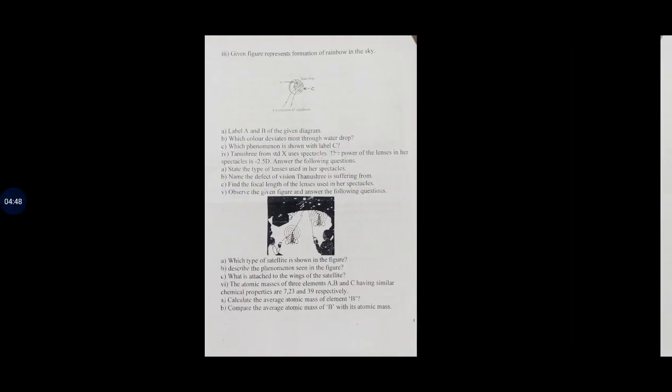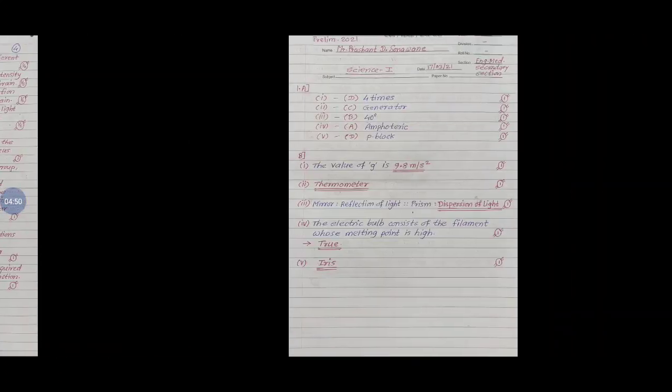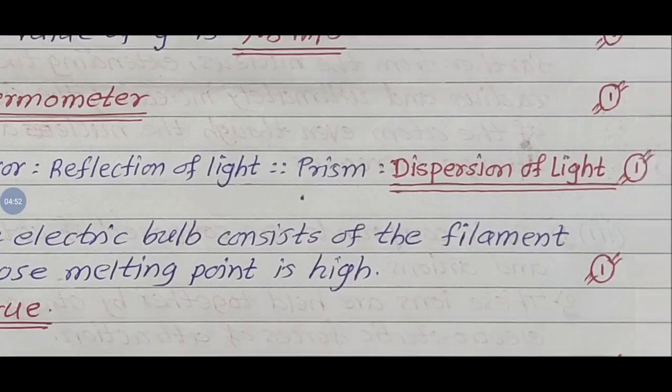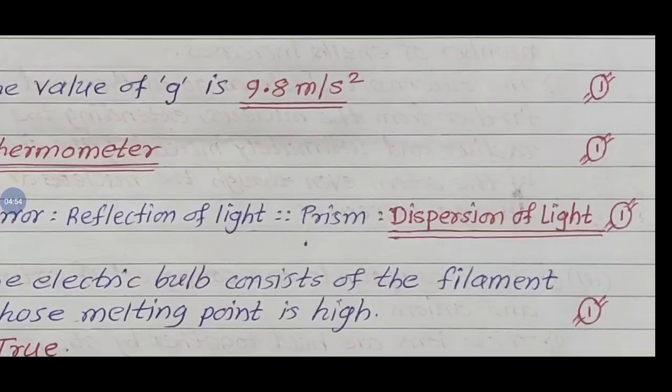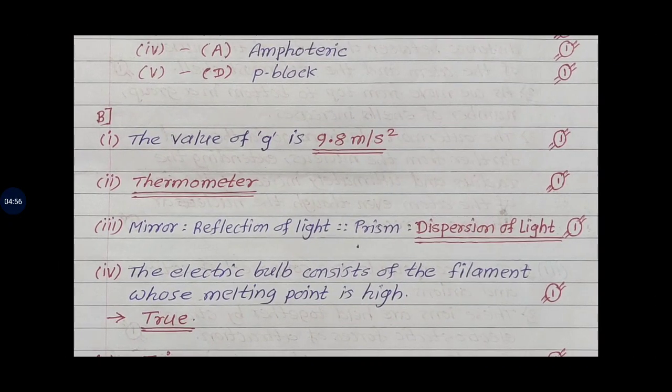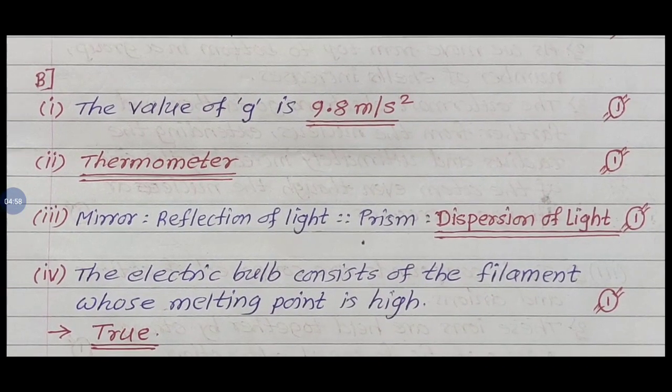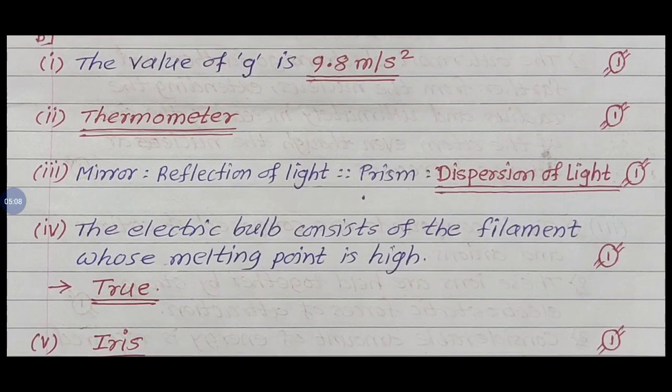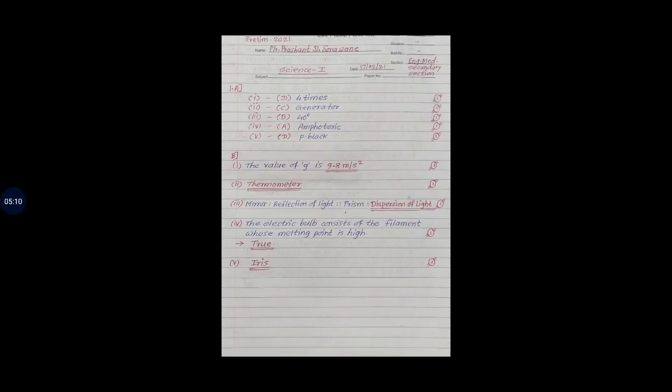Now see how to write the answers. See, first one, the value of small g is 9.8 meter per second square, 1 mark. Directly write the answer of the odd one out, that is thermometer, 1 mark. Now in correlation write the proper answer and underline it.